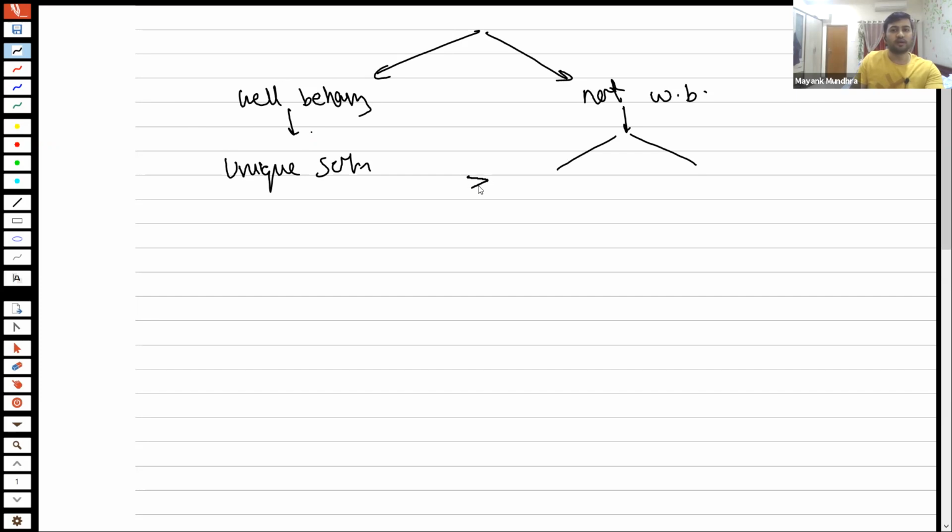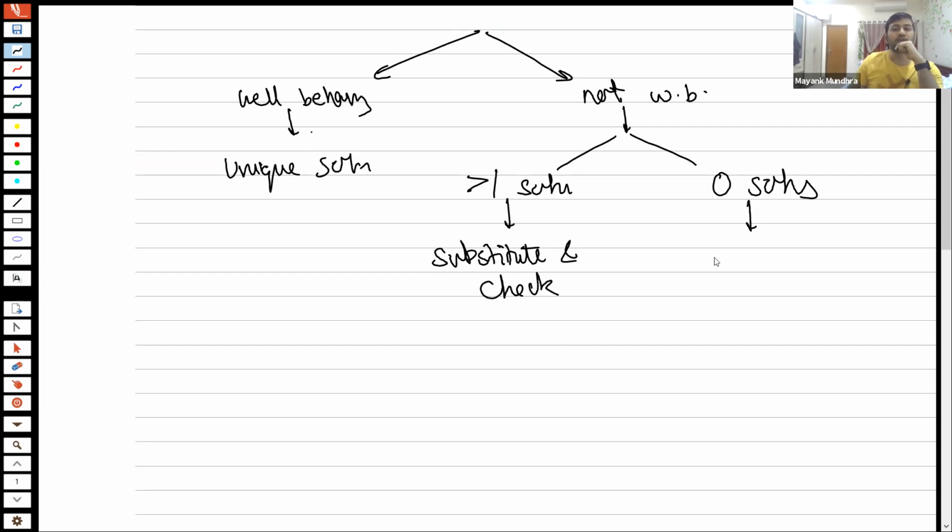You can have greater than 1 solution, or you can have 0 solutions. In case of greater than 1 solution, you have to substitute and check. And in case of no solution, what you need to do is check the corners.